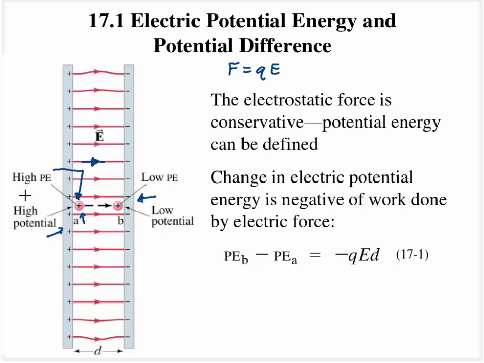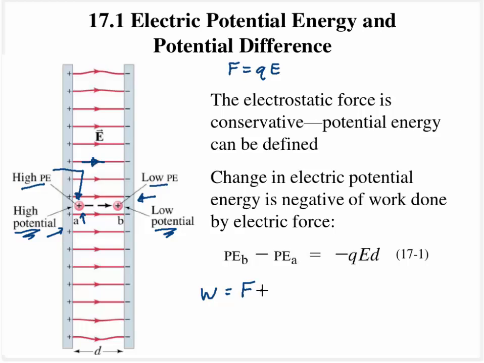This is analogous to if we were to lift a ball up off the ground. We're giving it some potential energy, and it's going to fall to a region of low potential energy. So over here, this charge has some high potential. Over here, it's got some low potential. Now, what is the change in energy? Well, it's essentially how much work is lost.